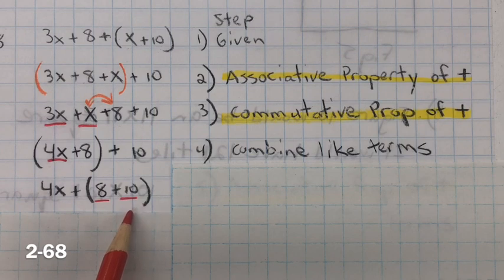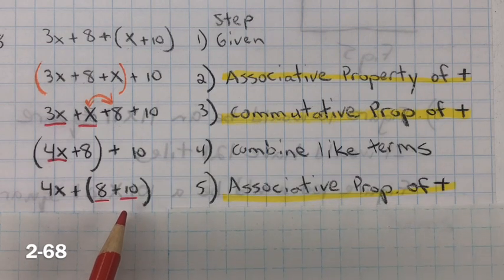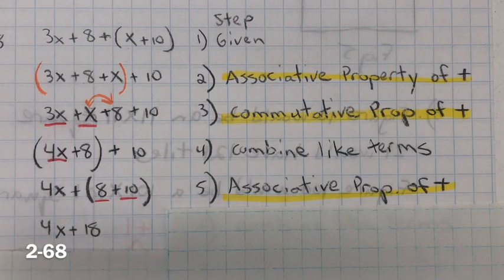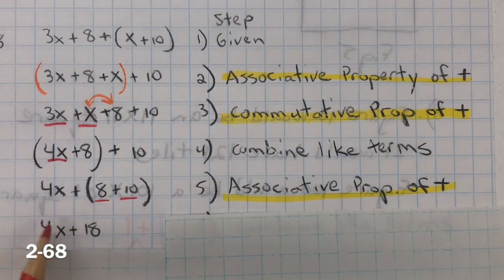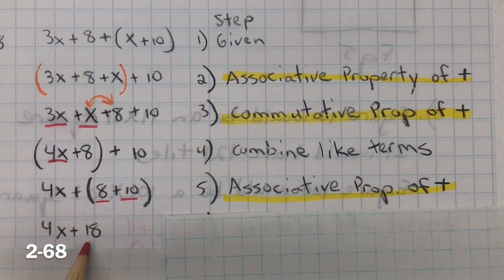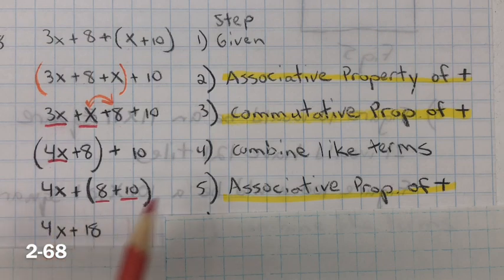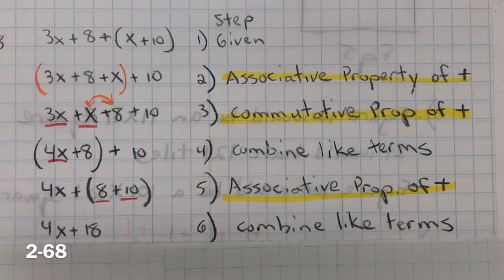And again, grouping is the associative property of addition. Now we have 8 plus 10 is 18. Well, just like up here, combine like terms.